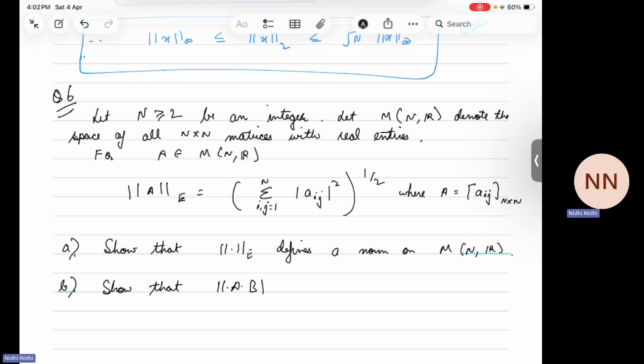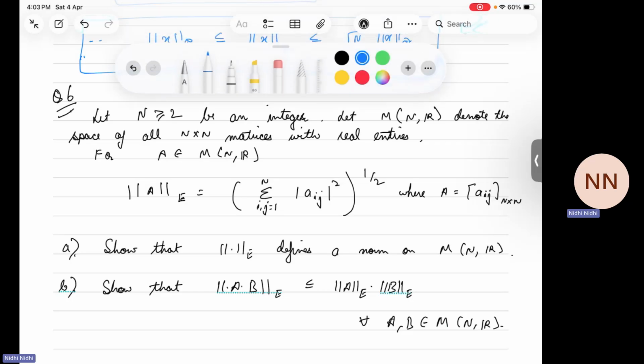If A and B are two matrices, AB is just matrix multiplication. If we find this norm for the matrix AB, this should be less than or equal to norm A times norm B. And this happens for every A, B in M_n(R).